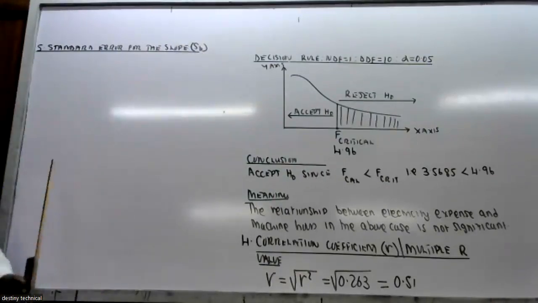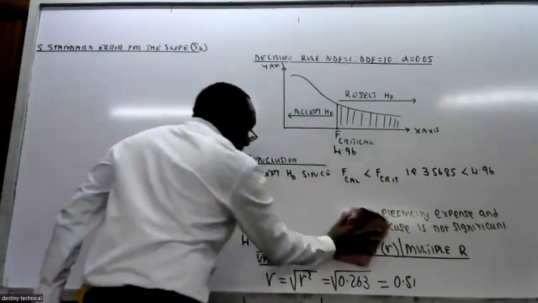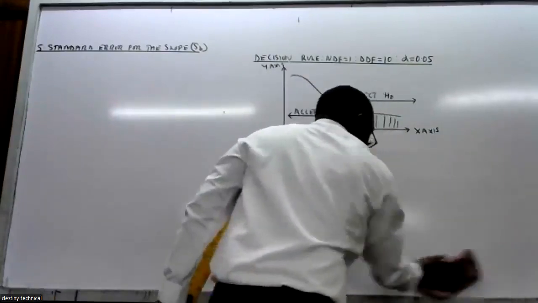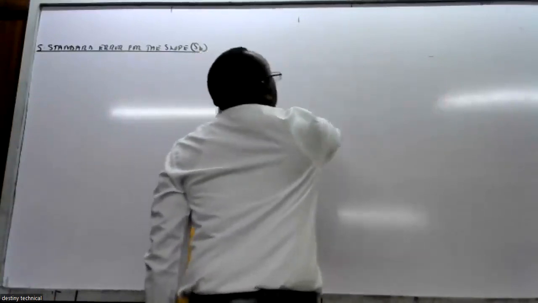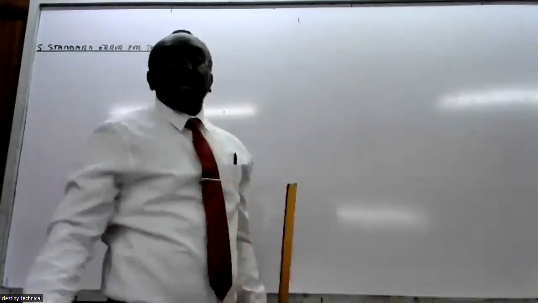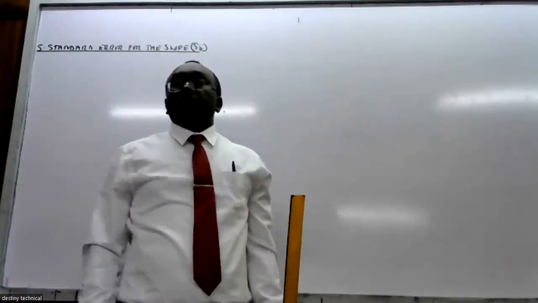That standard error for the slope, SB, is the one that shows us the amount of error that is contained in the value for the slope.